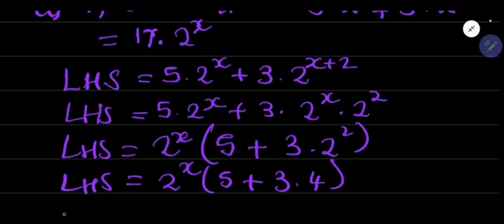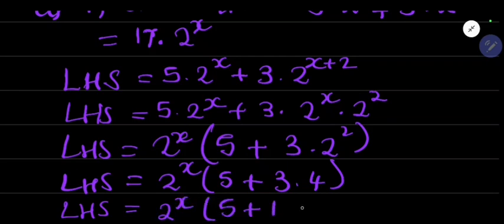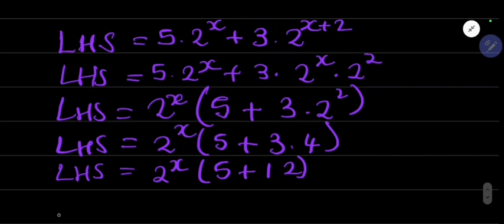Then it's 2 exponent x times 5 plus 12, because 3 times 4 is 12. And 5 plus 12 is the same as 17.